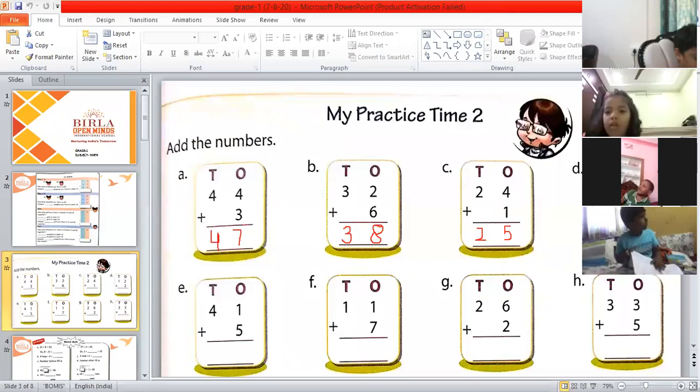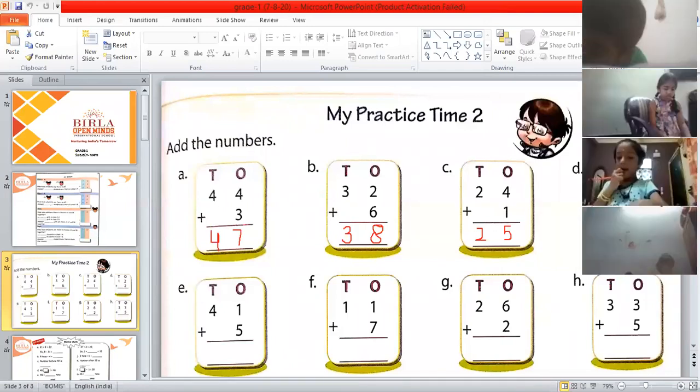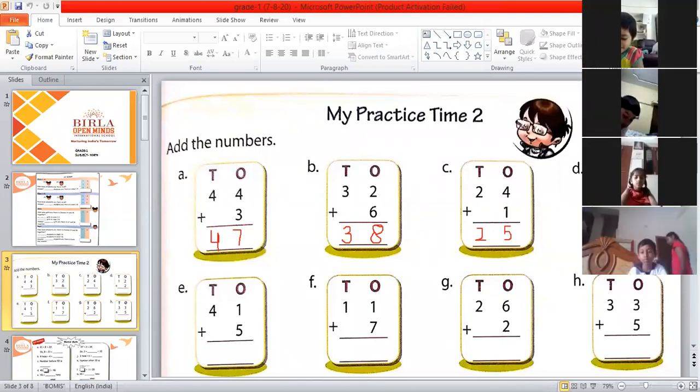Okay. So now next one. And children, this is in your textbook. Rohit Chaudhary, you read the next question quickly. Bit D. Fourth bit.